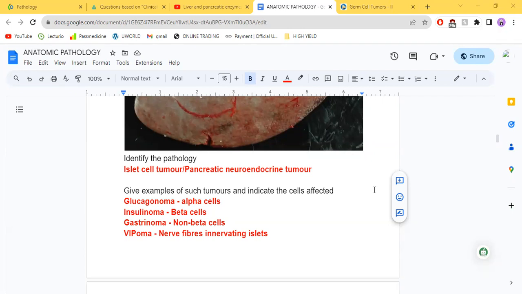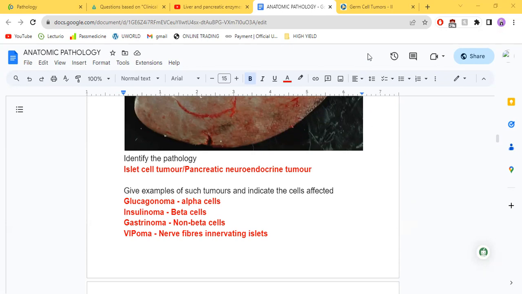Now, there is also what we call vipomas. These are tumors that affect the nerve fibers innervating these sorts of cells. So if I have a nerve fiber transmitting impulses to the alpha cell so that it can fire and produce these enzymes, it means that when those nerve cells are affected by tumors, these cells won't work normally.